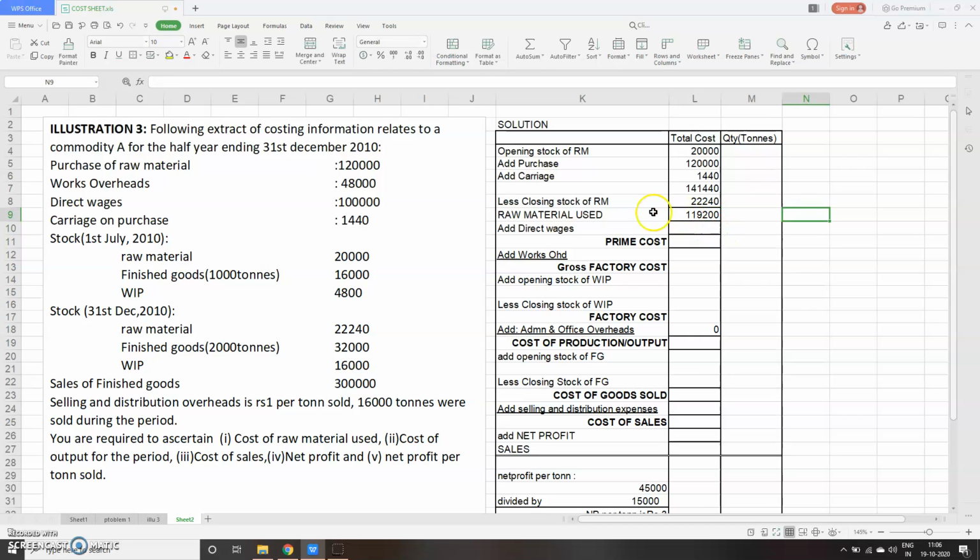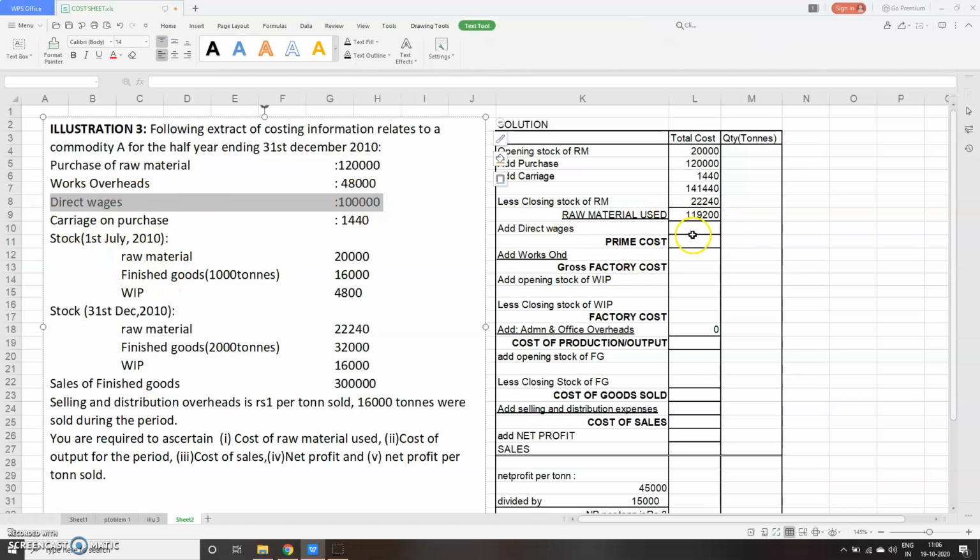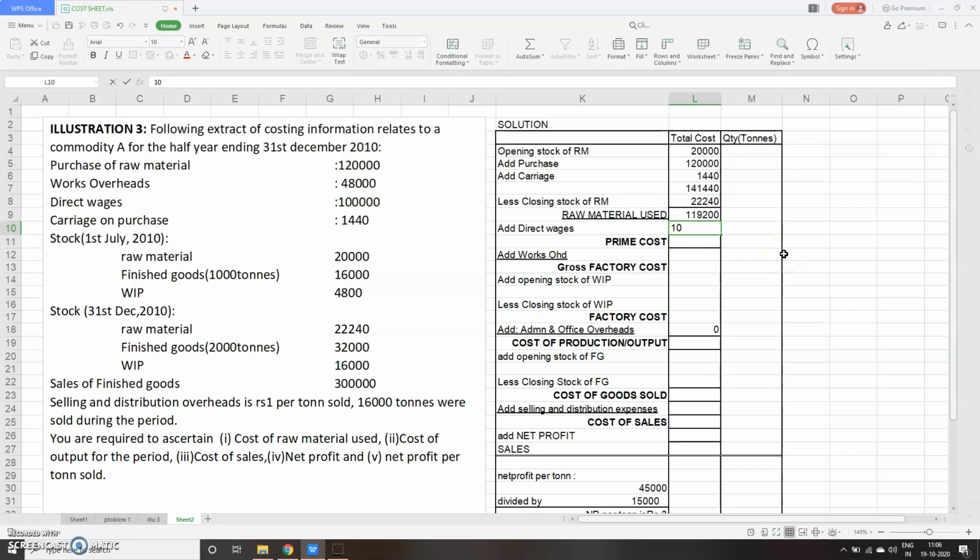Okay, so this is how we got raw material used or consumed. Now if we add direct wages with it, direct wages 1 lakh, we'll find out the prime cost. So prime cost will be 2,19,200. So boys and girls, we have found out the prime cost.